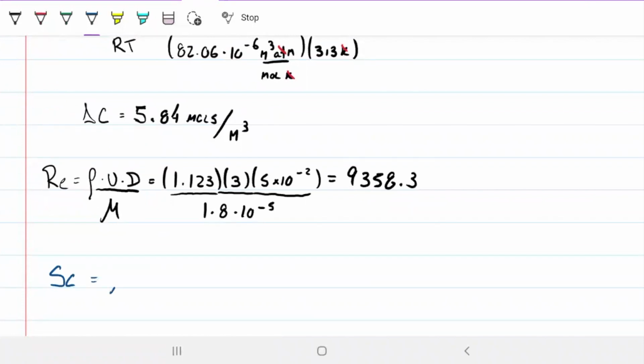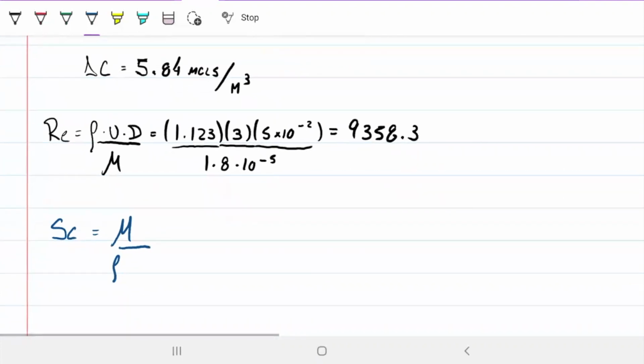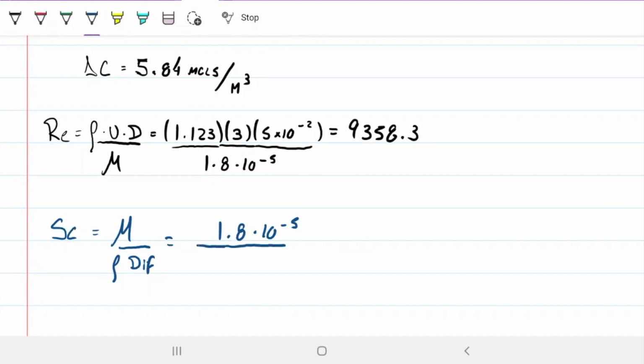So now let's find Schmidt's number. Schmidt's number is the viscosity, my density, and my diffusion coefficient, or diffusivity, which we don't have. Check it out, we have 1.8 times 10 to the minus 5. That is all good. We also have the density, or specific mass in this case, 1.123.